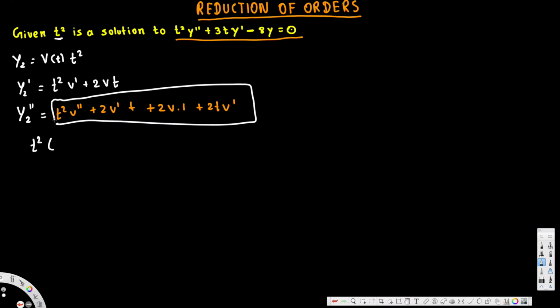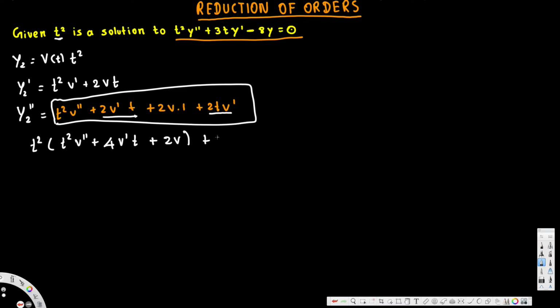First we have to see whether we have any like terms. If you look at this, 2v prime t and 2t v prime are the same thing, so we can add them together. In this way we will get t square times t square v double prime plus 4v prime t, and then we have 2v left, that's for y double prime.